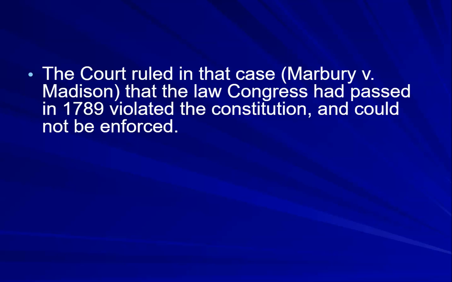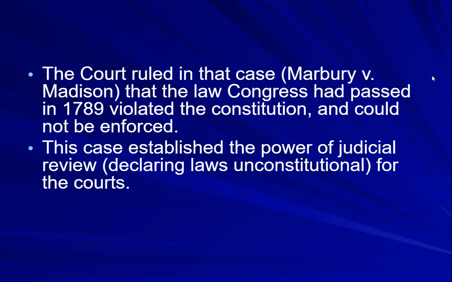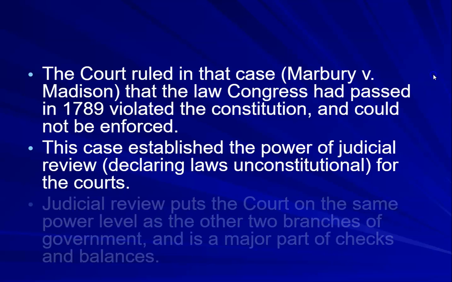So it said that this new law was unconstitutional because only a change in the Constitution could give the court that power. This case established the power of judicial review, declaring laws unconstitutional for the courts.